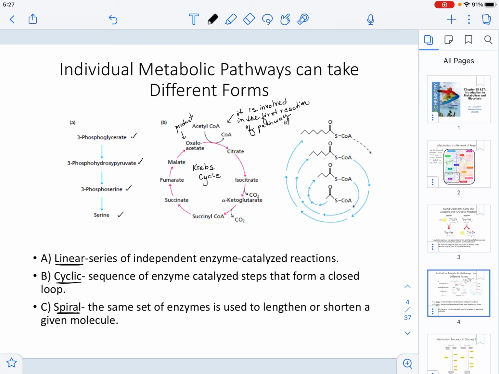So we can see here that this is going to show, as an example, lipid formation and lipid breakdown as an example of a spiral pathway.